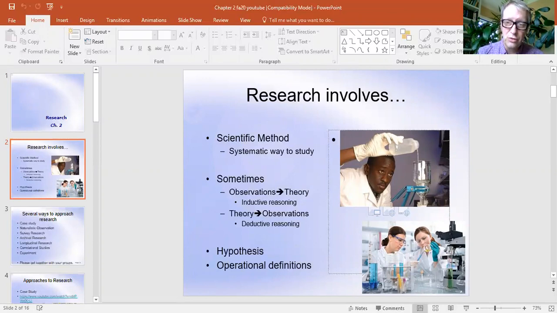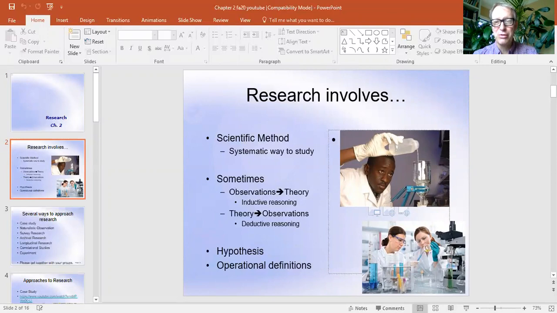The textbook I'm asking you to read for this semester is backed up by a lot of evidence. And so psychology is just like any of the other hard sciences like physics or chemistry or biology, except we're doing research on human beings, which is a little messier sometimes because human beings seem to be a little bit less predictable than what would happen if you mix two chemicals together.